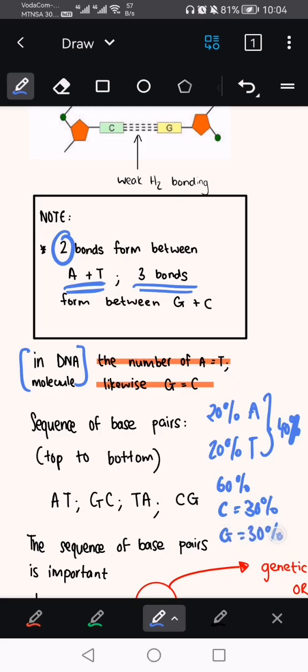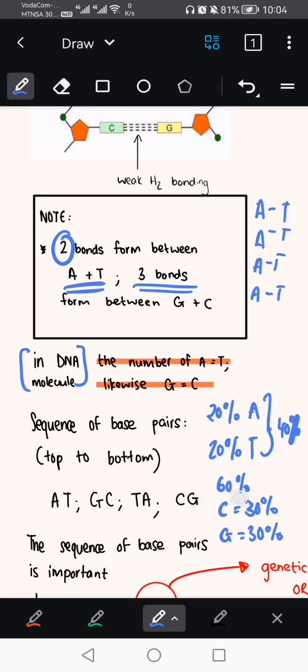I hope you follow. Adenine has 20%, therefore thymine has 20% because they're complementary. If there are 4 adenine in DNA, obviously there are going to be 4 thymine as well. So adenine and thymine make 40% of the DNA molecule. 100% minus 40% is 60%, Grade 12s.